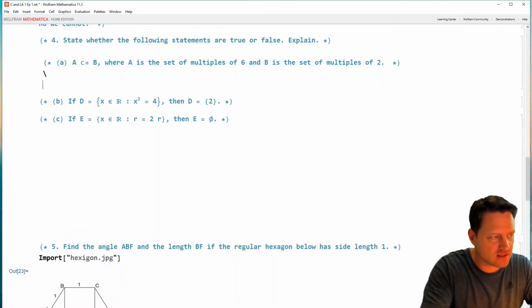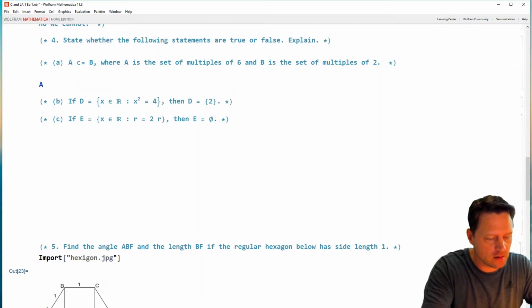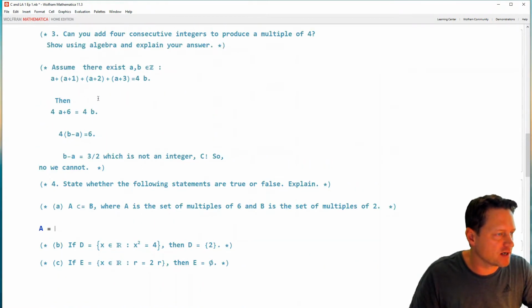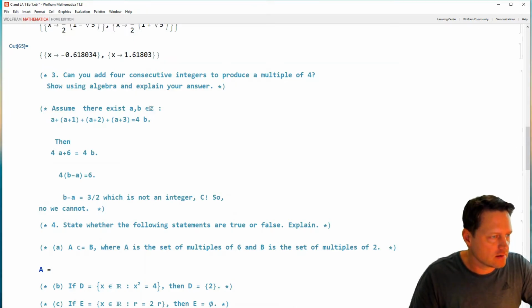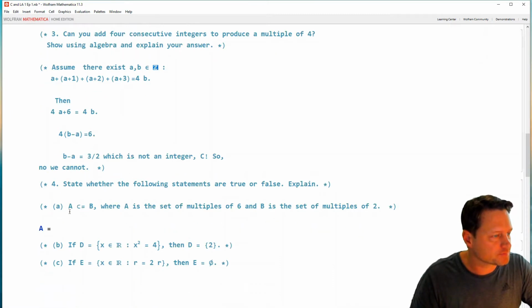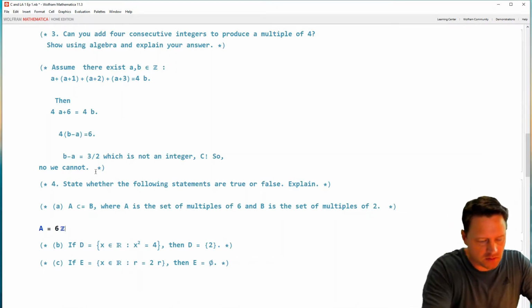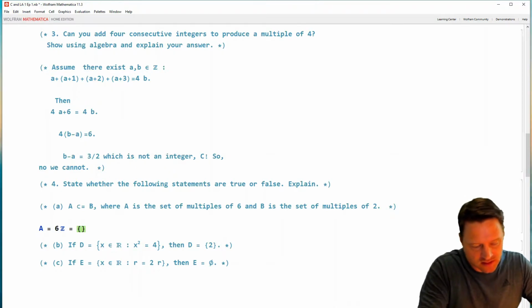So in this case, A is equal to multiples of 6, but if I just grab this symbol here, we could write this 6Z, meaning multiples of 6. All right, but let's just discuss what's in this set.